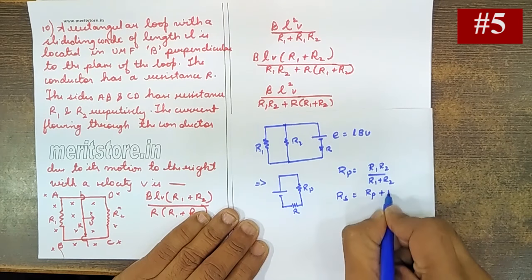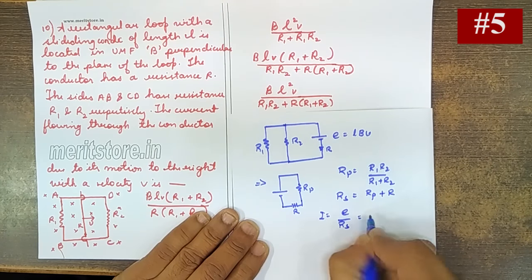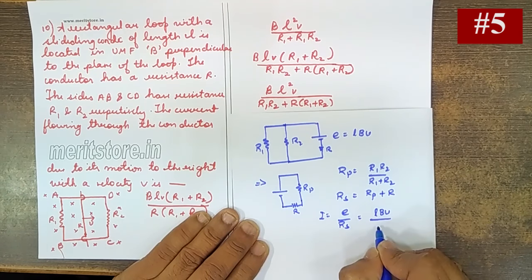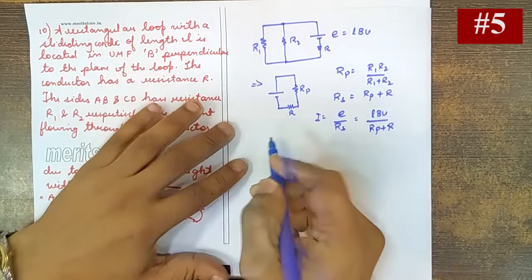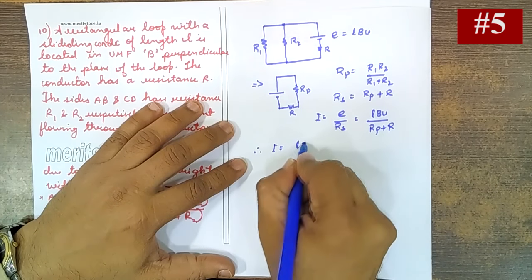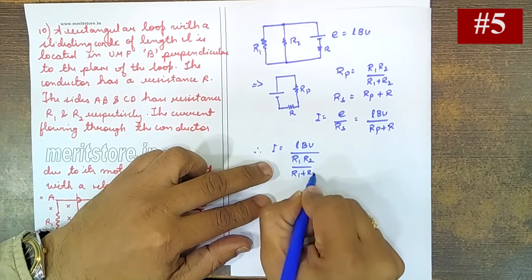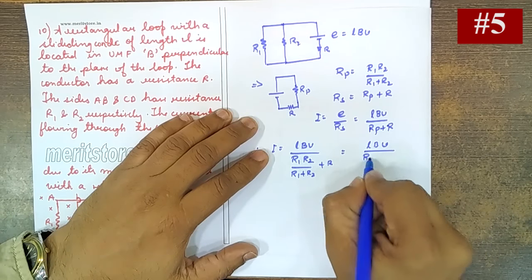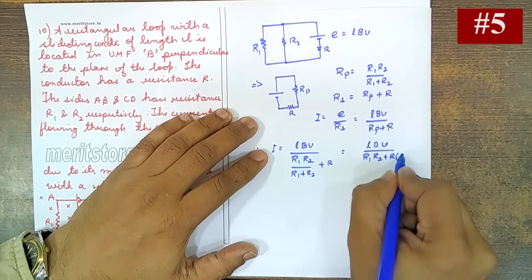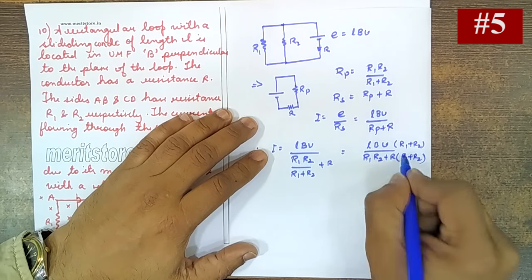So the current I will be E upon RS, which is equal to LBV upon RS, that is RP plus R. Therefore I is equal to LBV upon RP, where RP is R1 R2 upon R1 plus R2, plus R. So when you solve this, this will become LBV upon R1 R2 plus R into R1 plus R2, upon R1 plus R2, that goes here, R1 plus R2.